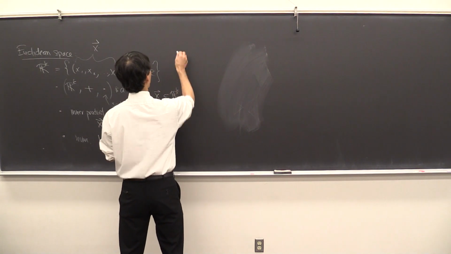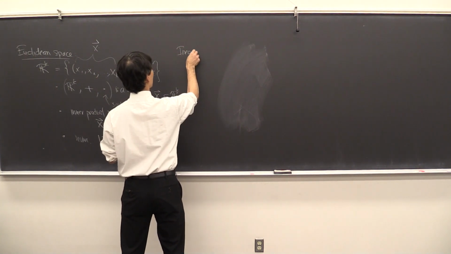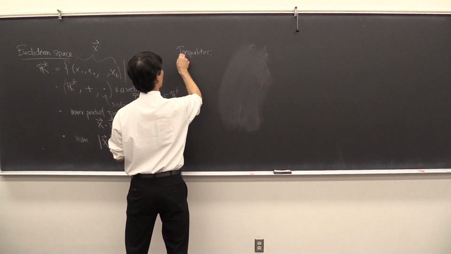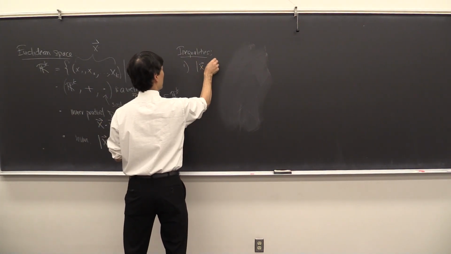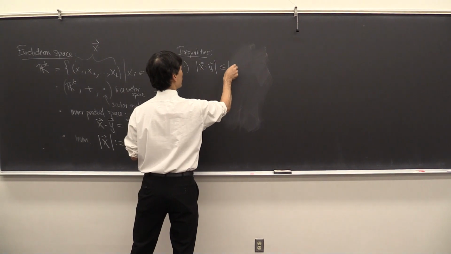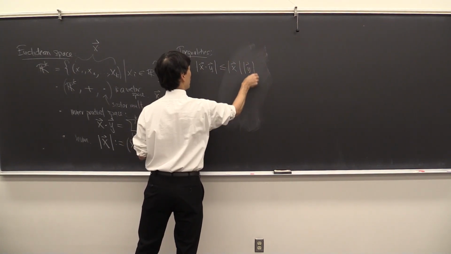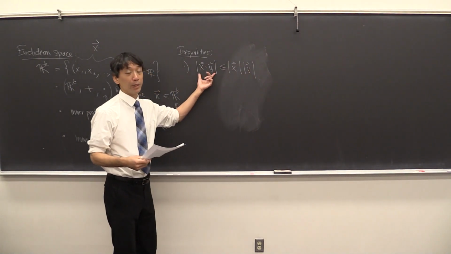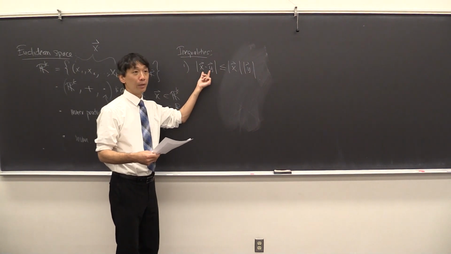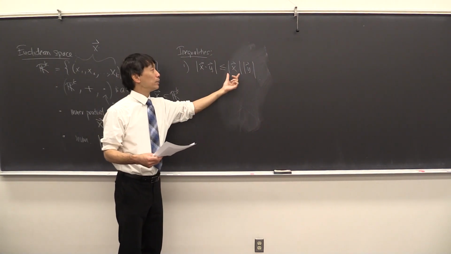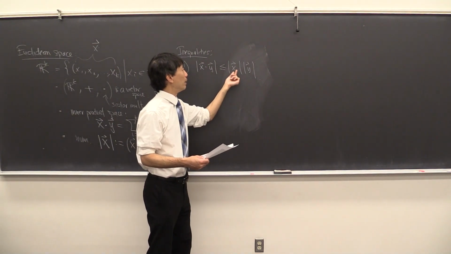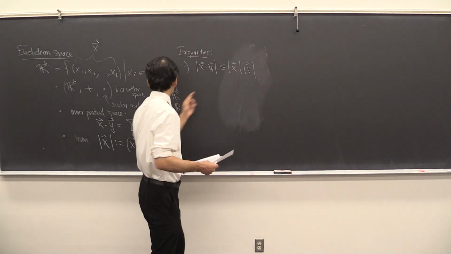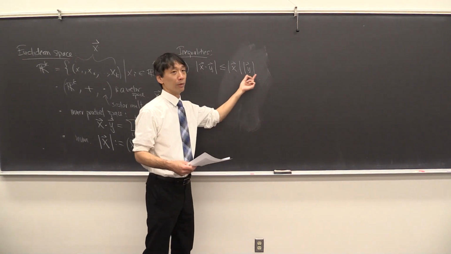Also super important are the following inequalities. First, the Cauchy-Schwarz inequality, that the size of the inner product is controlled by the product of the norms. So this is the absolute value of the inner product. This is a number, and you're taking an absolute value of it. This is the norm of the vector times the norm of the vector.